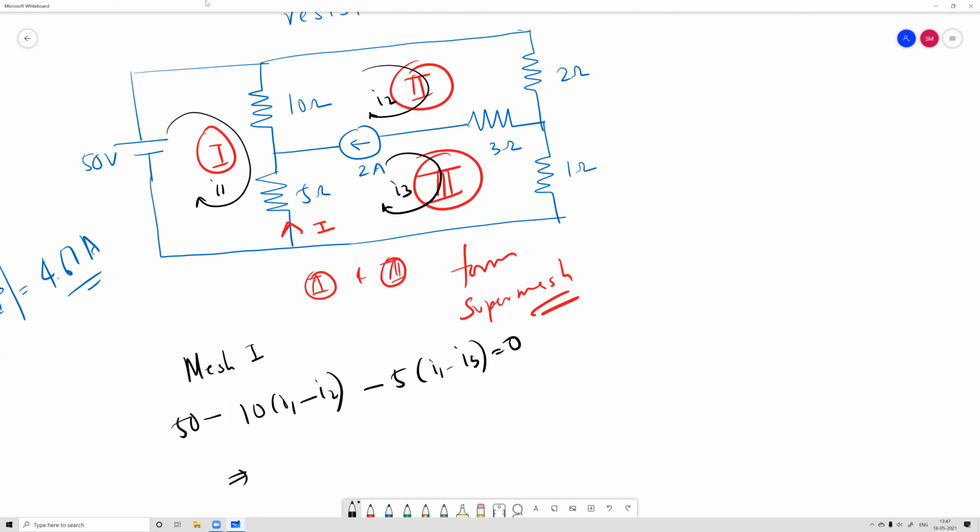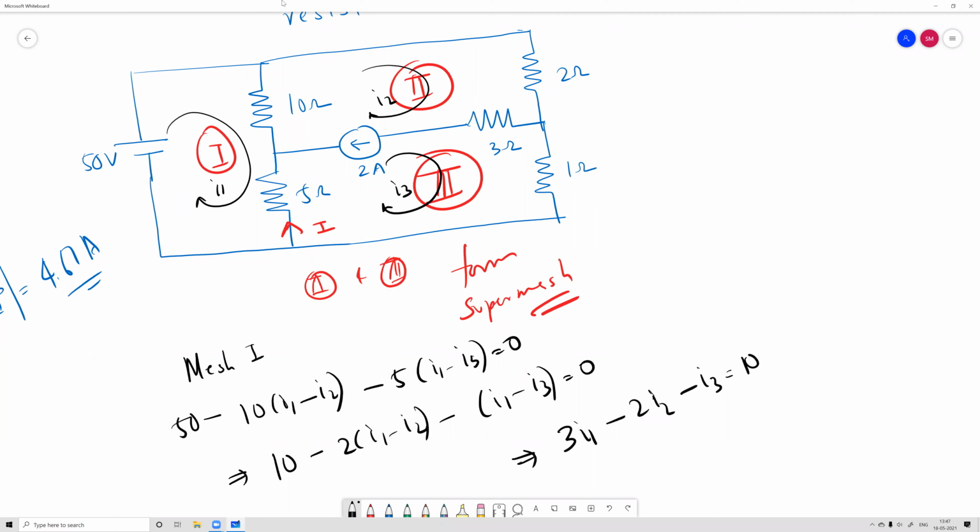So, 10 minus 2 (I1 minus I2) minus (I1 minus I3) is 0. 3 I1 minus 2 I2 minus I3 is 10. Getting this equation? Yes, sir.